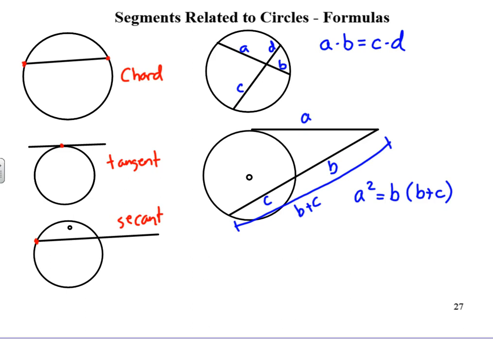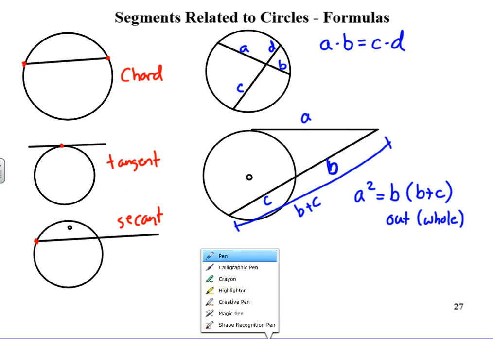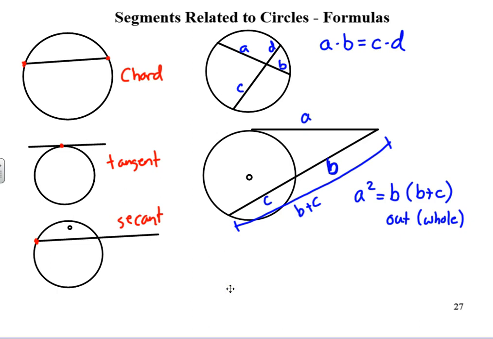Okay, this is how I remember this. Outside times the whole. Or you can think of the outside as the exterior length, this B right here. So I'm going to get a highlighter just to show you.